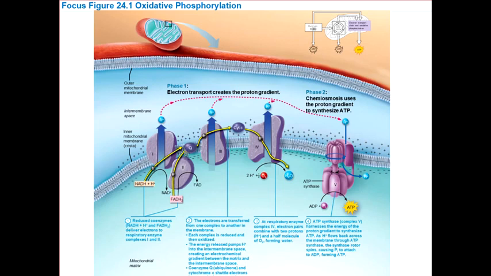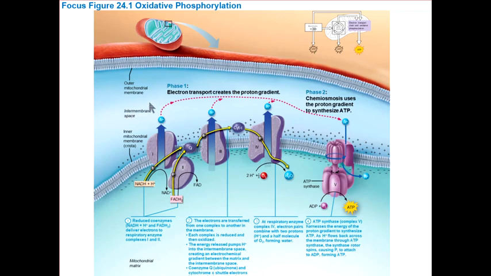What this energy fuels is hydrogen ions, and I'm trying to find one here. Here it is. Hydrogen ions are forced out of the space in here, which we call the mitochondrial matrix, through these enzyme complexes, which also act as channel proteins, and into this space, which is called the intermembrane space.